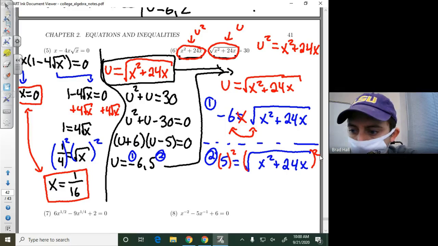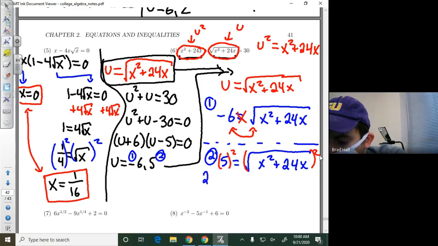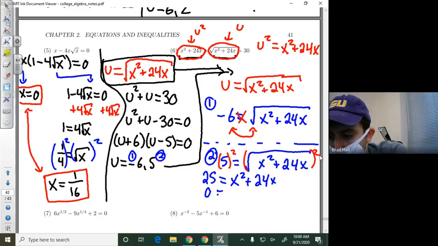So that's 25 is equal to x squared plus 24x, or in other words, 0 is equal to x squared plus 24x minus 25.